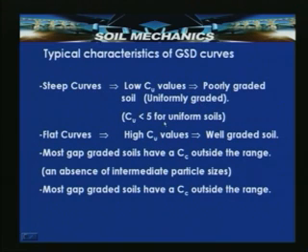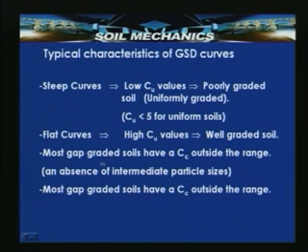Cu is less than 5 for uniformly graded soils. Flat curves, which extend from the larger particle size to the finest particle size, indicate higher Cu values, which indicates a well graded soil. So, flat curves generally indicate well graded soils.